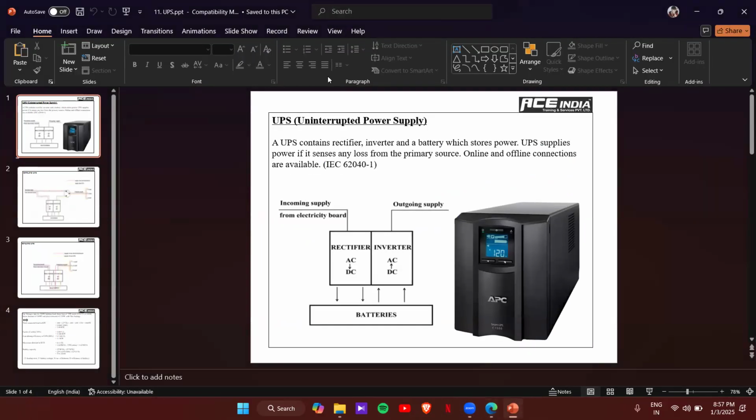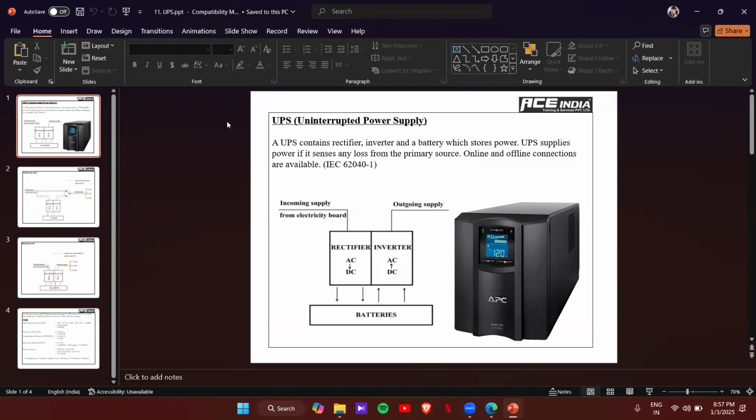So the next one is UPS, that is uninterruptible power supply. Right now we discussed that the DG is used for backup, but every time we cannot depend on the DG for backup. If you consider an office space, server rooms will be there, and server rooms will be given UPS backup.